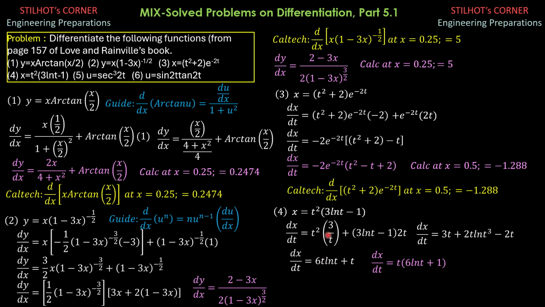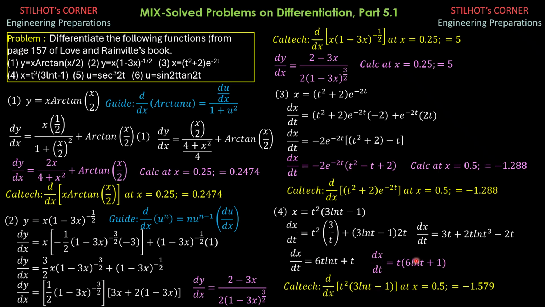Then we have to use the calculator to check if the answer here is true. So calculator technique, derivative of t squared times quantity 3 ln of t minus 1 at x equals 0.5. The answer is negative 1.579.